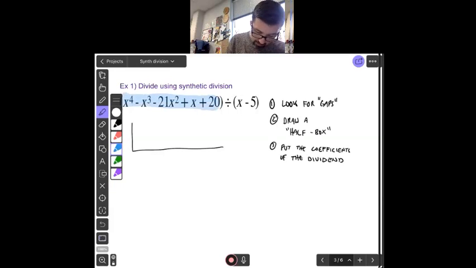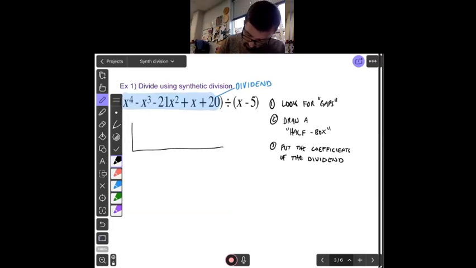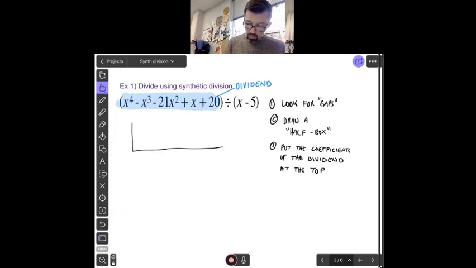What is being divided is called the dividend. This is your dividend. Put the coefficients of the dividend at the top of the box. So those are the numbers in front of the variables.